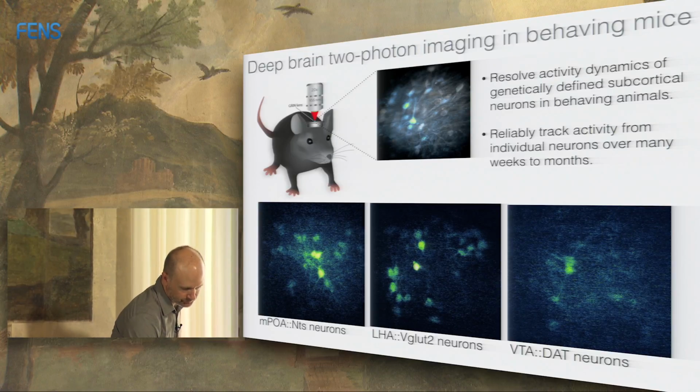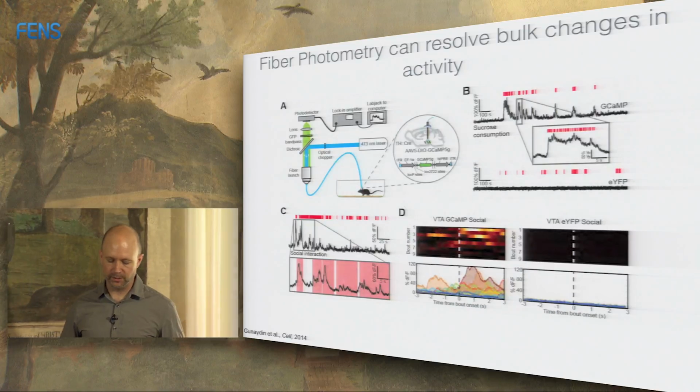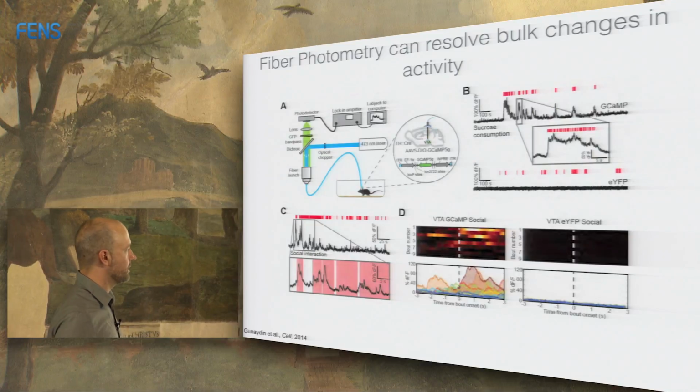And then finally, the last thing I want to mention in terms of ways to resolve neural activity is another approach that's been widely adopted within the field, fiber photometry, which can be used to assess bulk changes in activity within a particular cell type or projection.